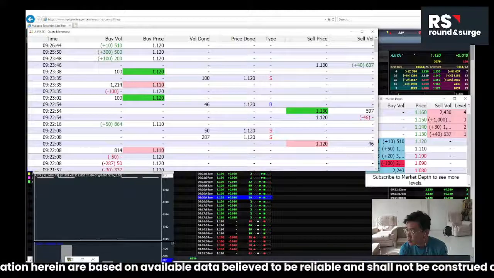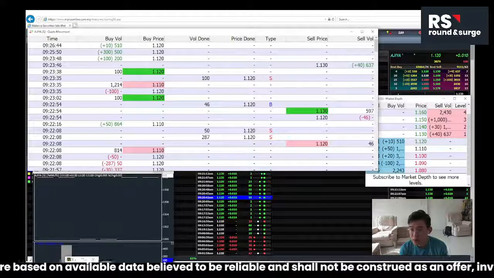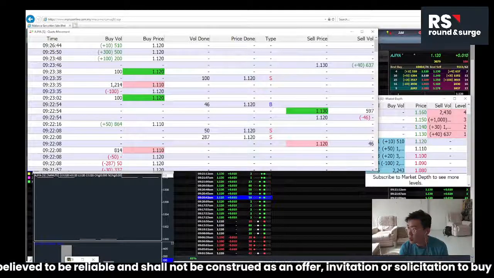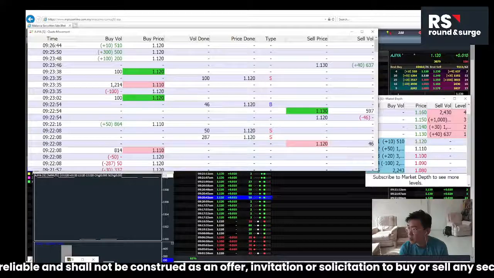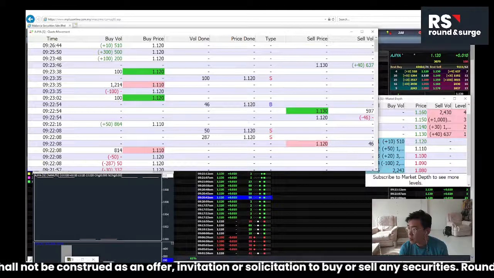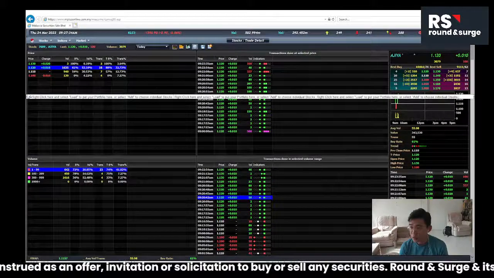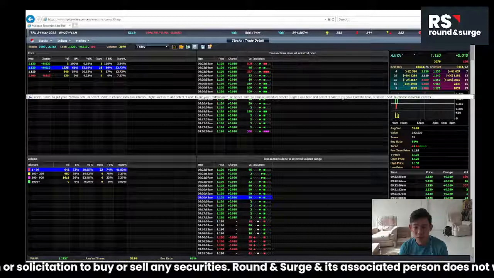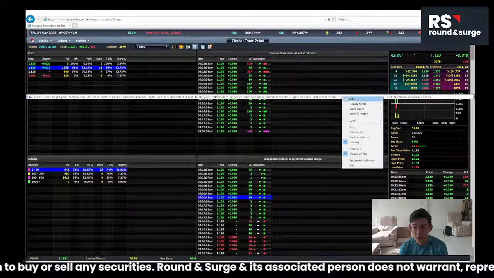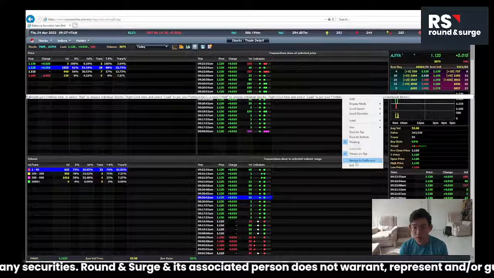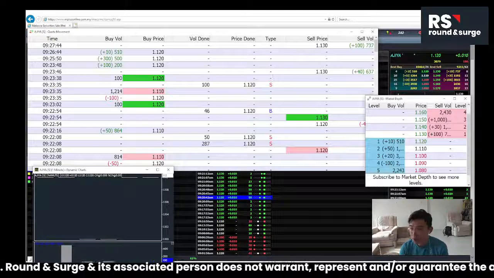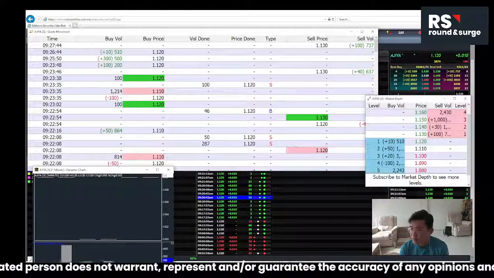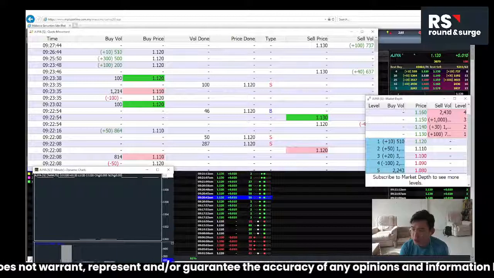This is a trade matrix. Nothing much yet. Okay, so I just clicked on the wrong thing. I'm trying to find where it is, because I usually don't use it.